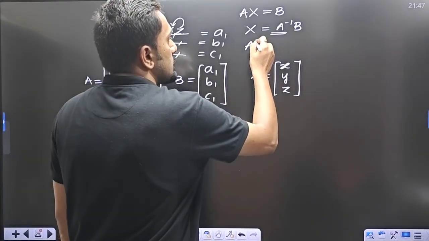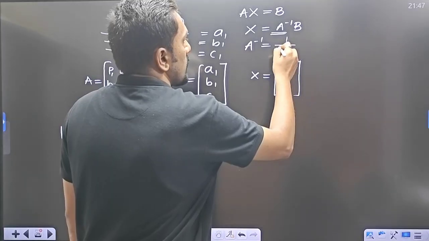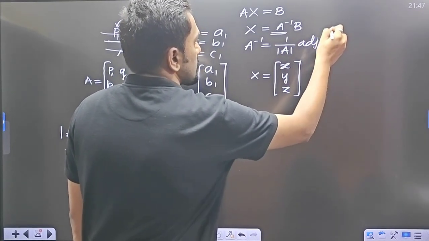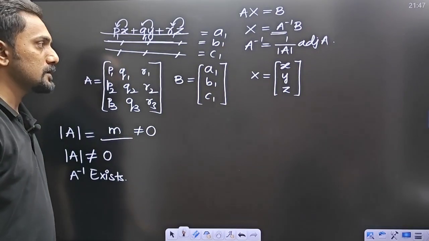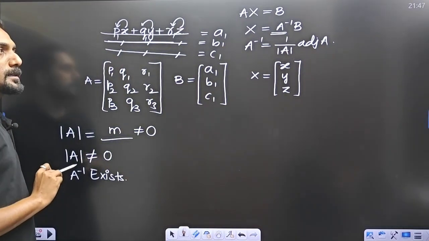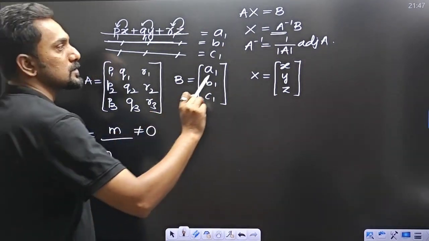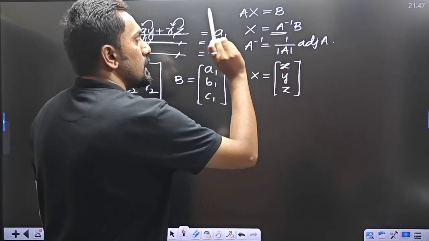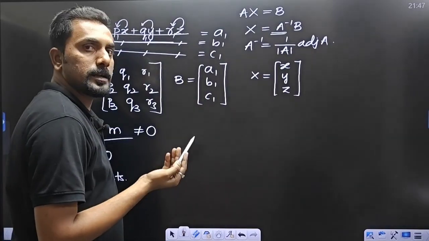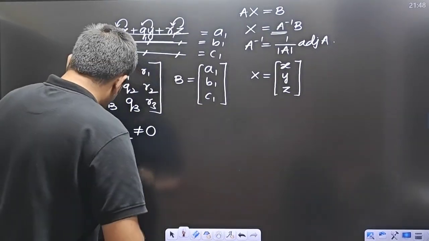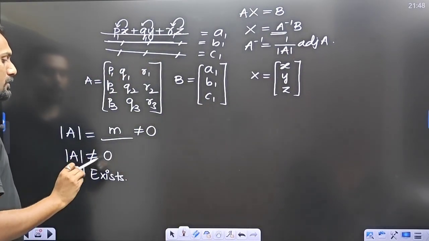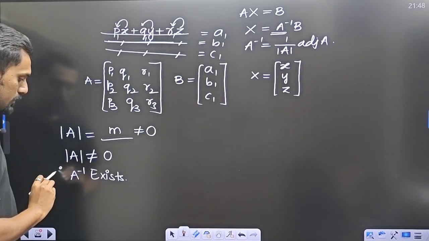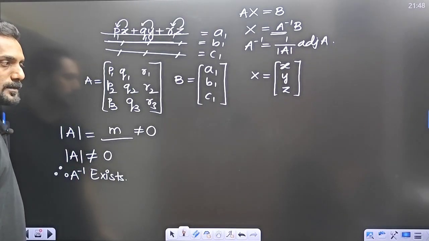Why so, sir? Because A inverse is equal to 1 divided by det A multiplied by adjoint of A. This is the formula. So for that reason det A must not be equal to 0. If this becomes 0, then 1 divided by 0 is not defined. For that reason the determinant must not be equal to 0. If it is not equal to 0, then we say that A inverse exists.